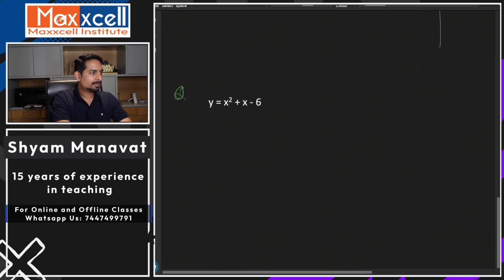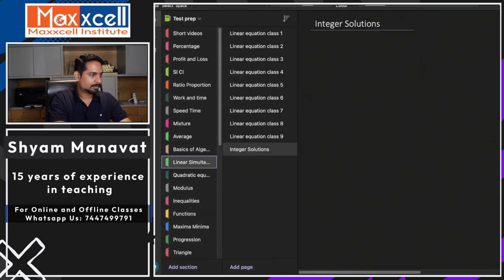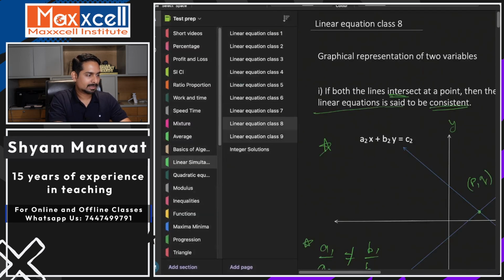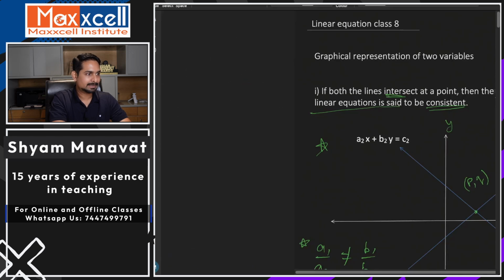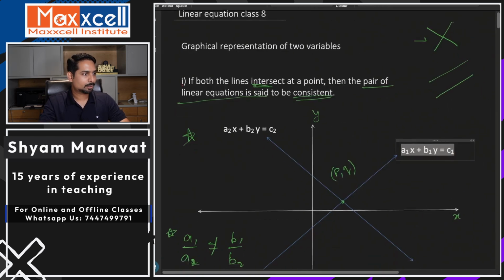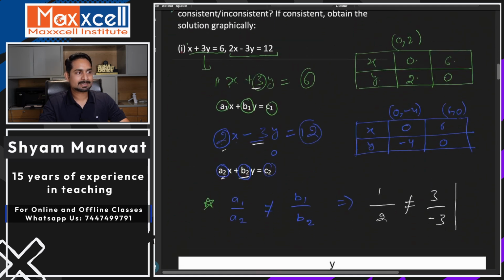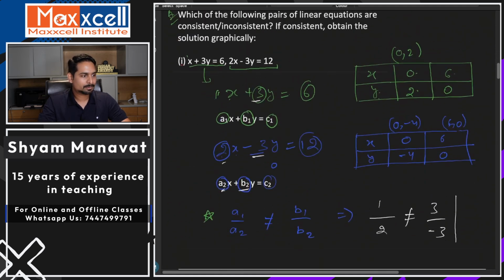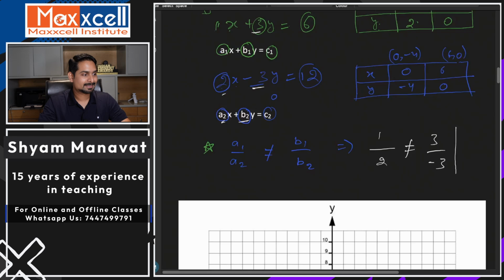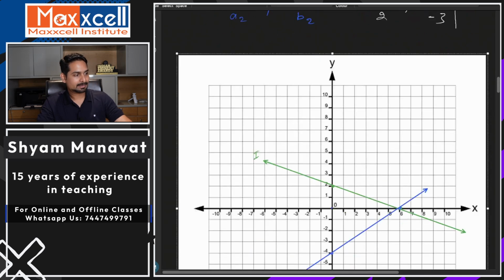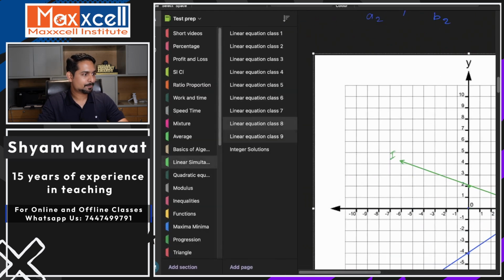Now, when we drew the graph in the linear equation chapter, do you remember how we did it? We took x equal to 0 and then y equal to 0. That was my method, right? Can we do the same way here also?